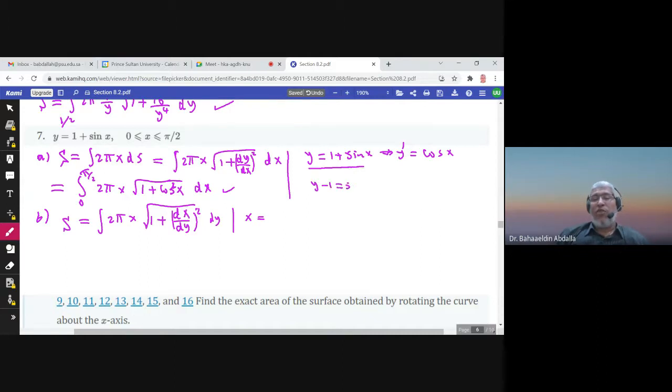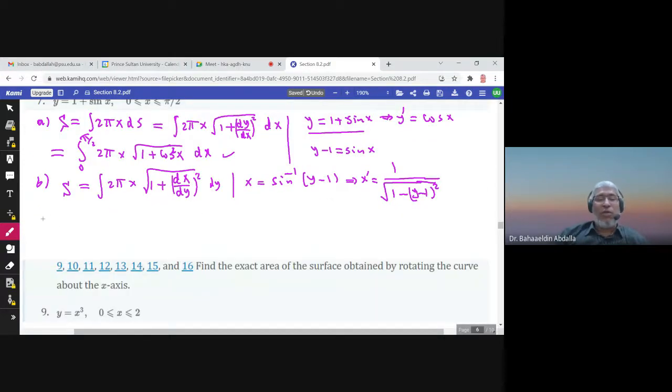So y minus 1 equals sine x, and then x is sine inverse of y minus 1. And x prime would be the derivative of sine inverse, which is 1 over square root of 1 minus whatever inside sine inverse squared, times the derivative of it, but the derivative is 1.